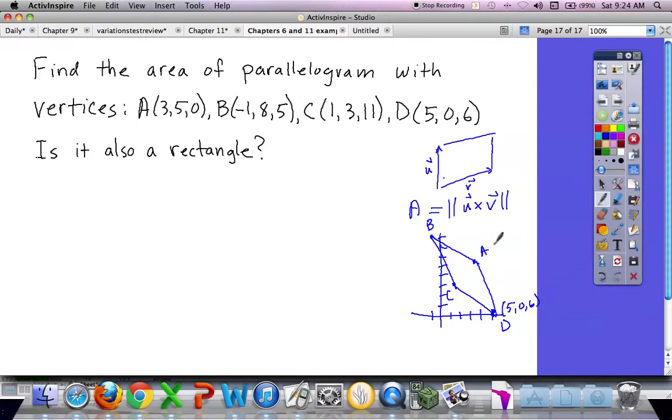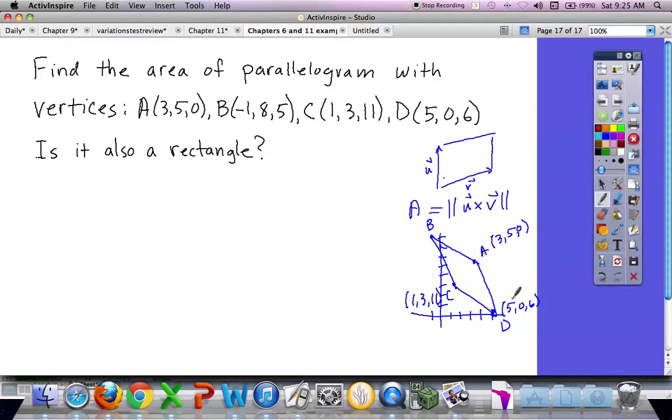And the A is 3, 5, 0. And the C is 1, 3, 11.